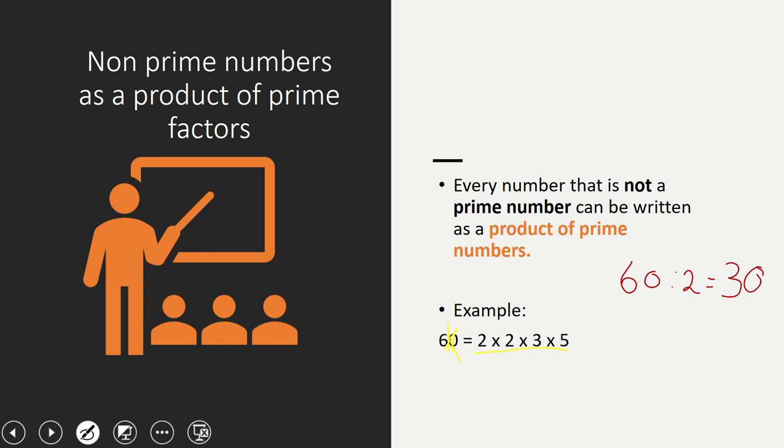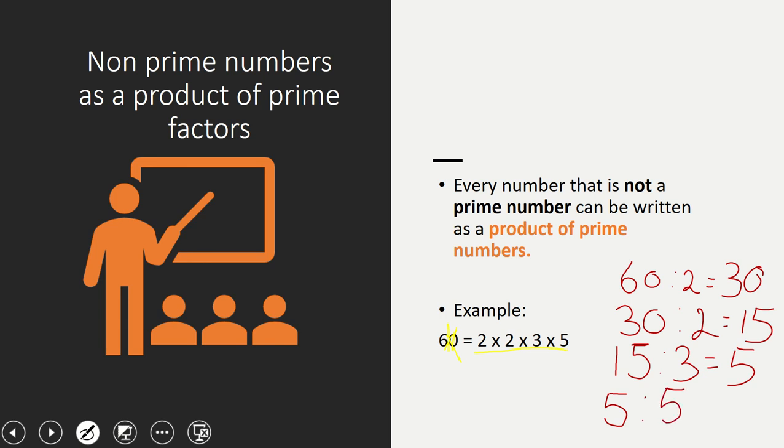Then again, I can divide 30 by 2. It's 15. Now I cannot divide 15 by 2 because 15 is not even. So 15 divided by 3 is possible. That's 5. And 5 divided by 5 equals 1.